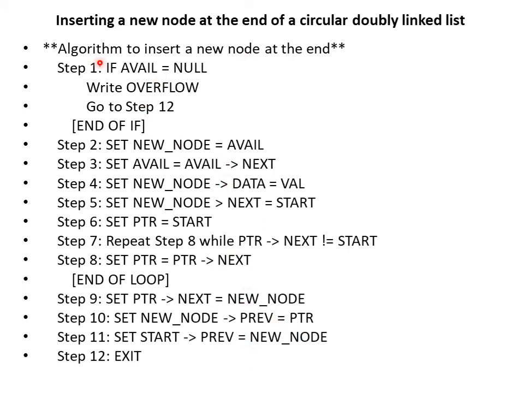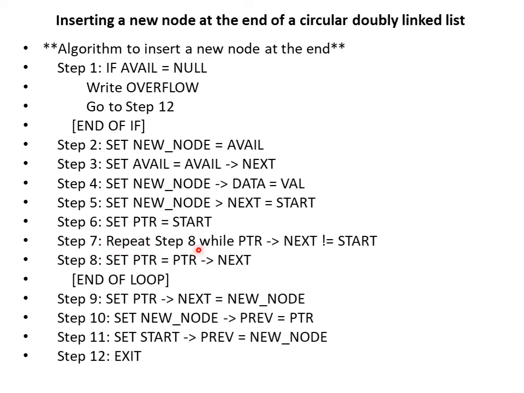I will explain from the beginning. If available equals null, same thing, write overflow, then go to step 12, that means exiting. If not, set a new node equal to available, then available equals available of next. When new node data is created, I insert a value, then next equals start. That means in the node's next it holds the address of the start value. Then pointer equals start, and I move pointer equals pointer of next.